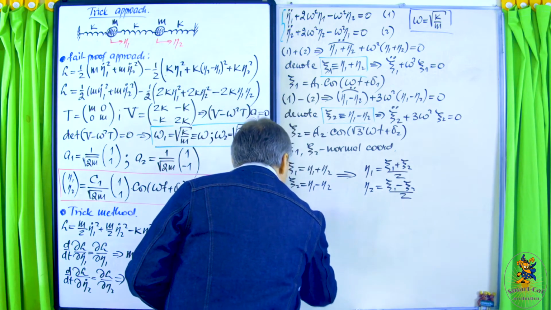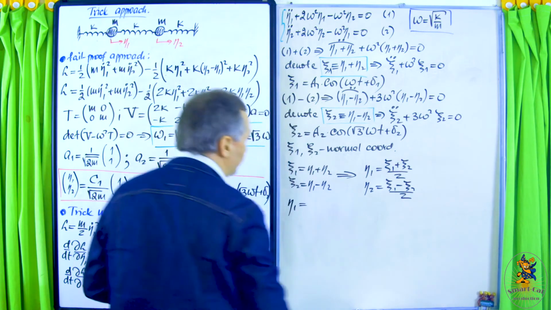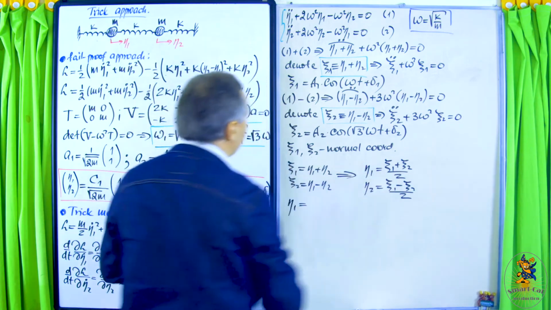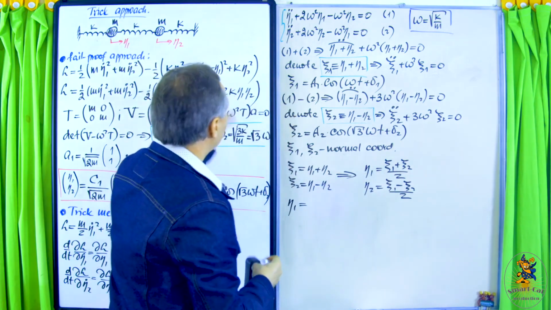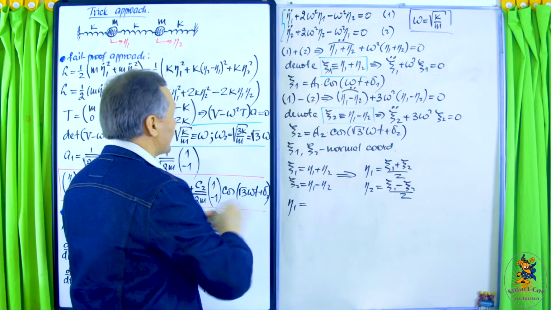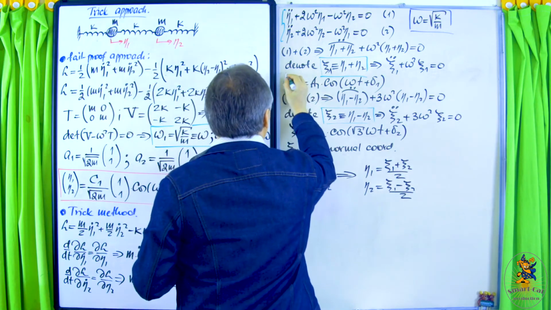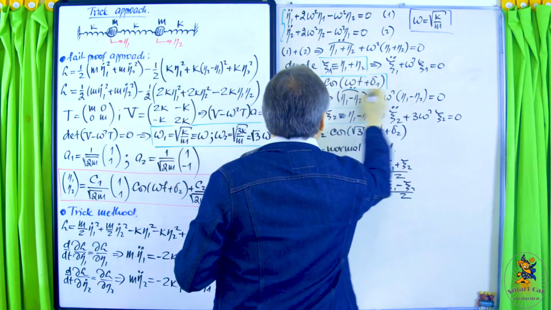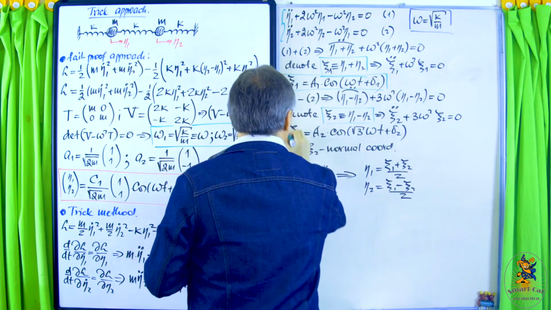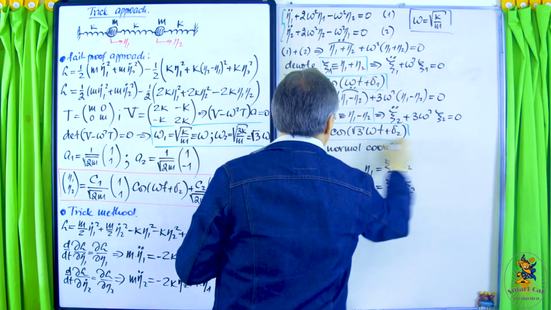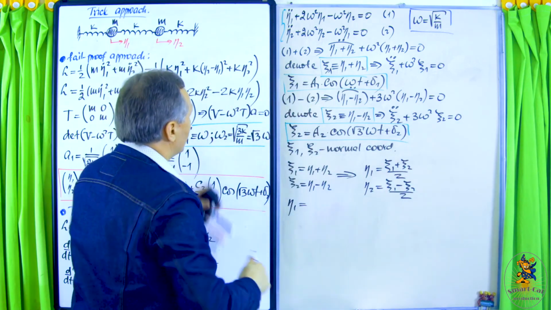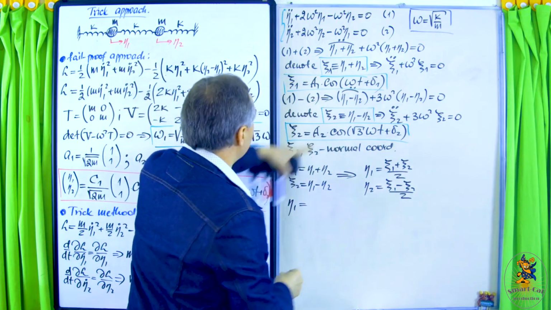All right, so now as a result, eta1 will be equal to psi1 plus psi2. Okay, I need to find these psi1 and psi2 solutions. This and this, right? So it will be this plus this, divided by 2.